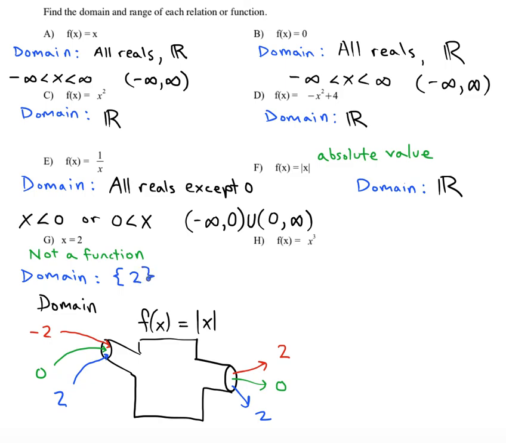For a single number, we would put it in braces. That's how we listed single discrete numbers as domains in the past. And finally, for the function f of x equals x cubed, the domain is all real numbers.